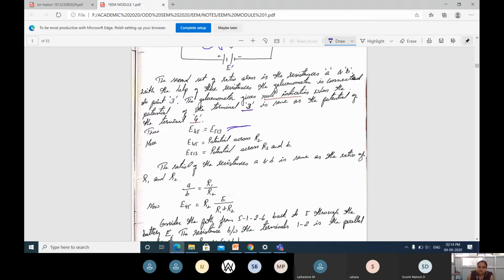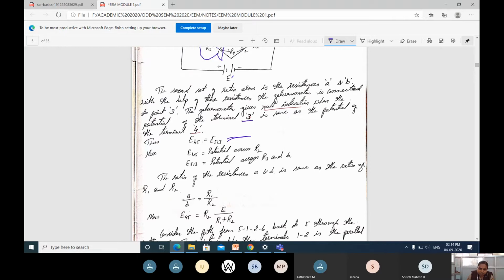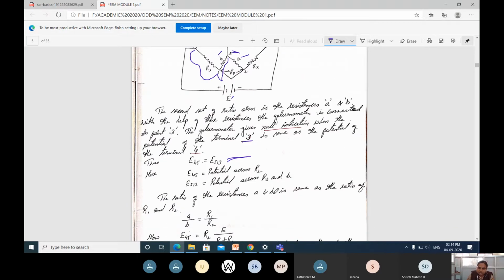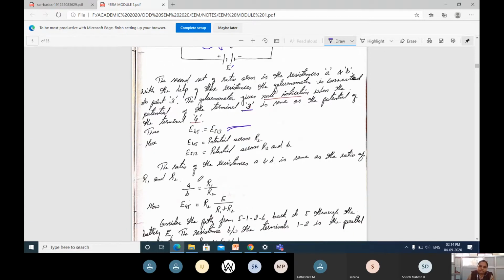Then the ratio of the resistances A and B is the same as the ratio of R1 and R2. For that reason only it is a double bridge. So what I wrote here, A divided by B is taken as R1 divided by R2.